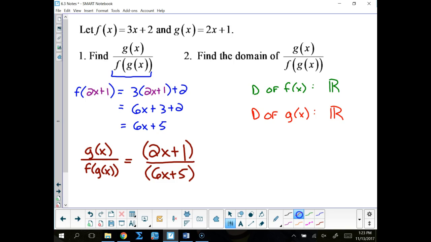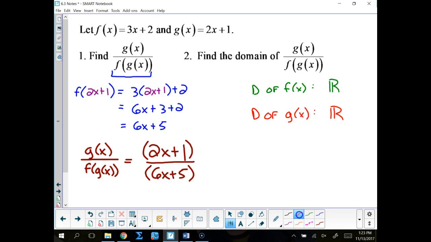No fractions, no even index radicals. If I look at the domain of f of g of x, that's all real numbers also. That's this blue line right here.